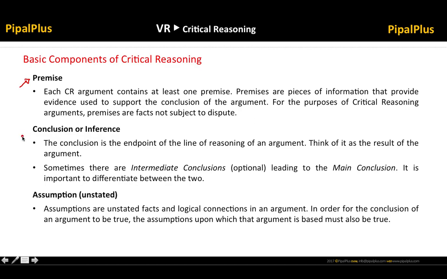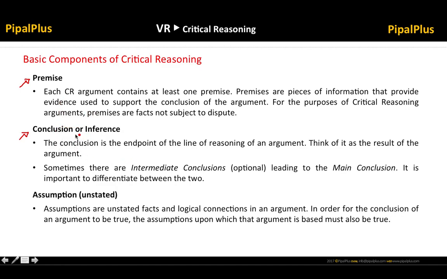A conclusion, very briefly, is a statement which I am deriving from the premise. If I were to take an example: I like cookies, so I am going to eat a cookie. In this case, my premise is I like cookies, and the conclusion is I'm going to eat this cookie. This is how an argument typically gets structured.